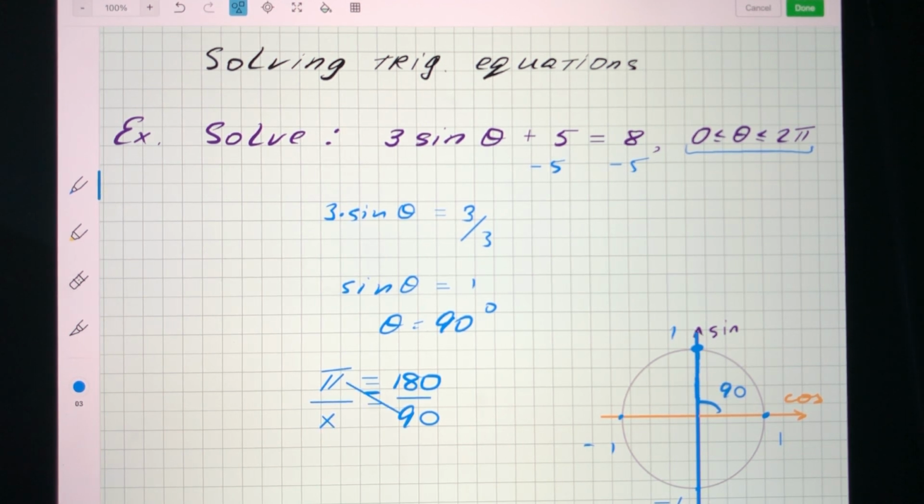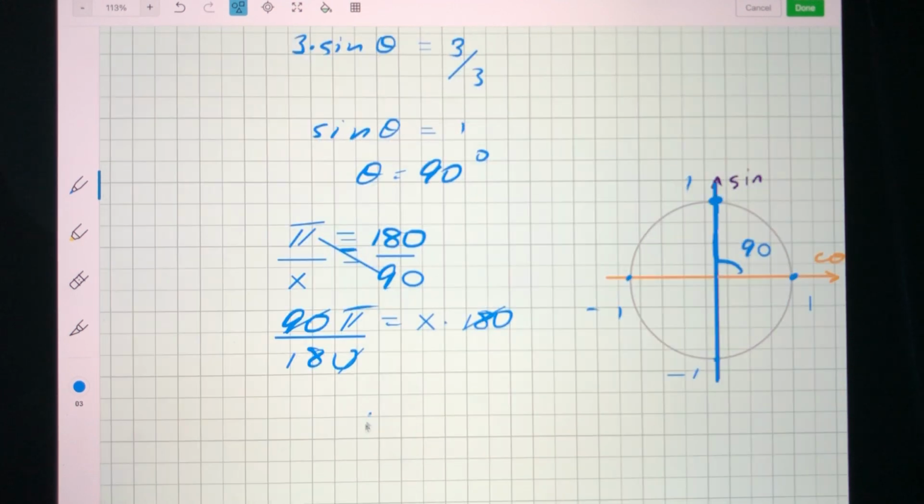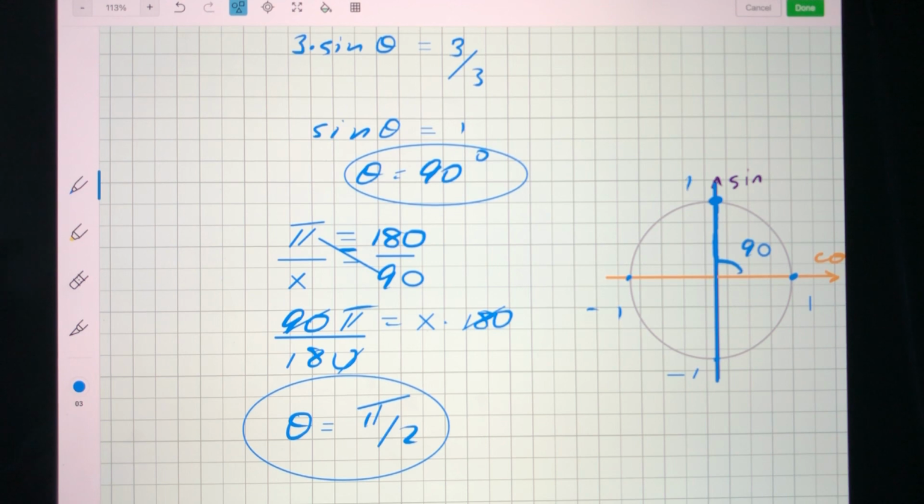So we have 90 pi is x times 180, divide both sides by 180. 90 goes into 180 twice, and that makes exactly pi over 2. So our answer is either theta equals 90 degrees, if our answer is accepted in degrees, and if it is not, then the answer is theta is pi over 2.